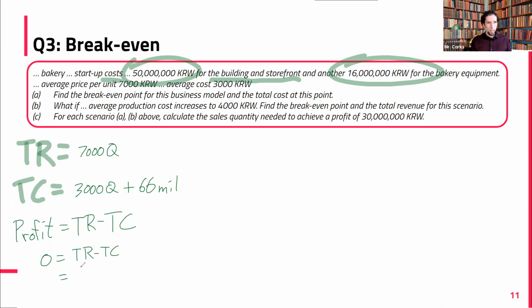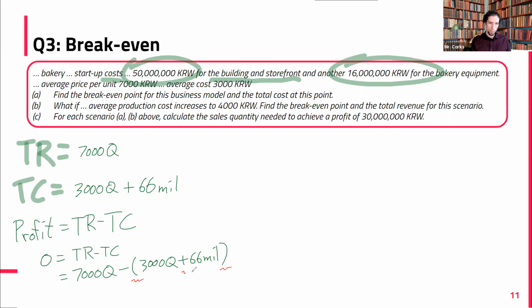So we will get our 7,000 minus 3,000. Actually, I need to write this out to explain something. So minus bracket 3,000 plus 66 million.